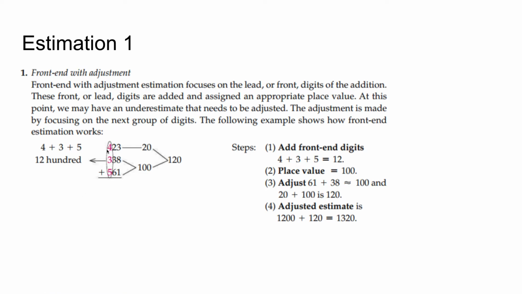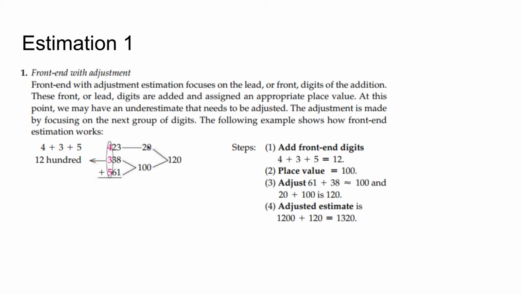Okay, so we can see that 400, 300, 500 all together is 1200. But because you have more numbers to that, this should be more than 1200, right? So keeping that in mind, you can look at 23 is closer to 20, 38 and 61 together is very close to 100.